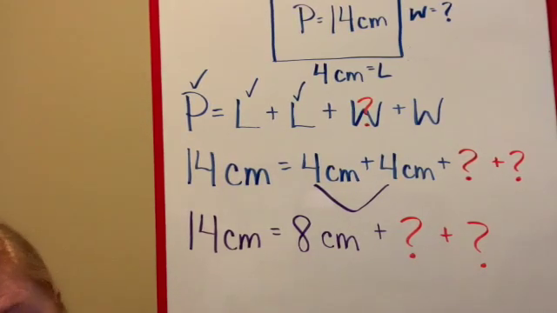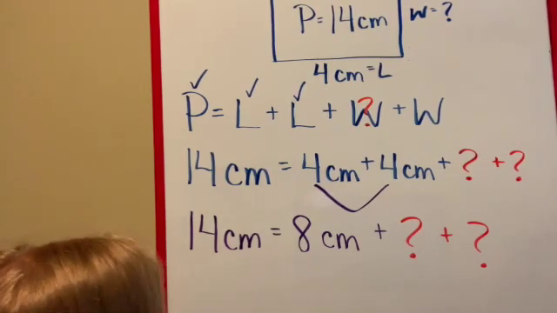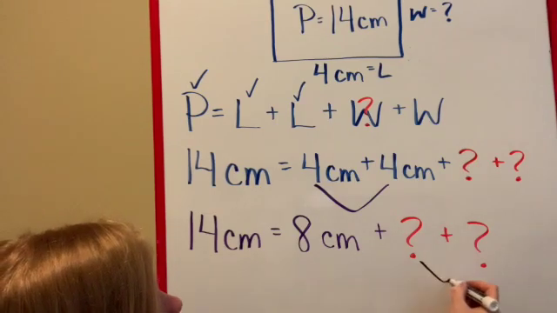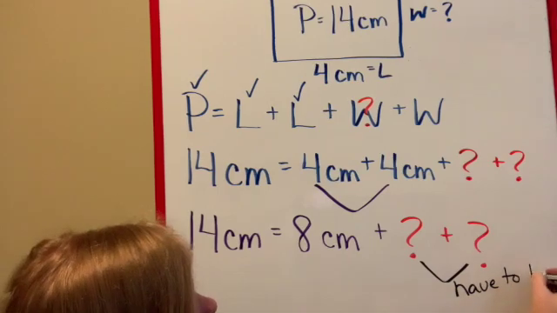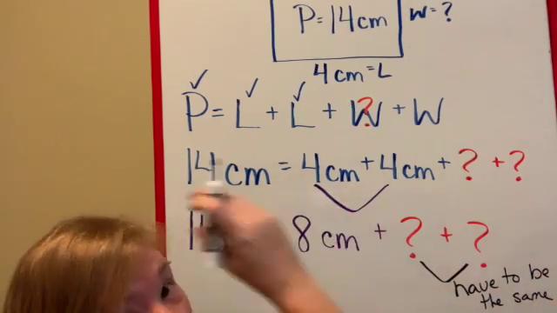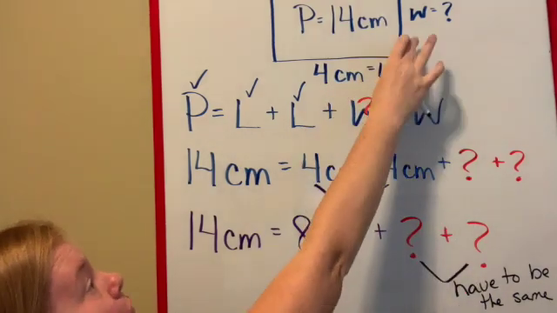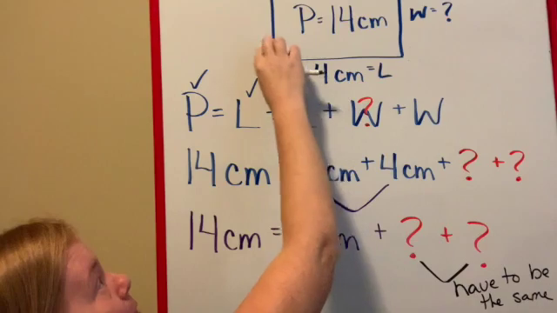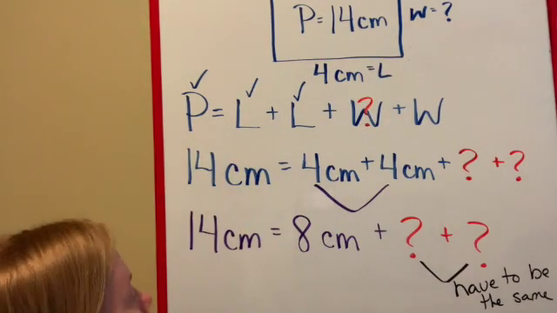Remember, these two somethings have to be the same number. They have got to be the same number because when we look at our shape, the width is going to be the same on both sides, so it has to always be the same number.